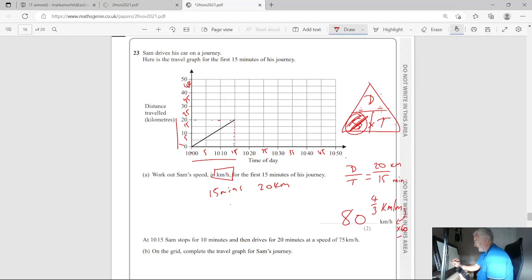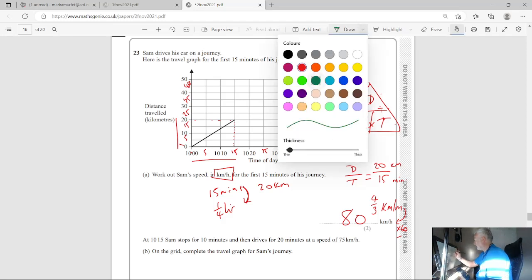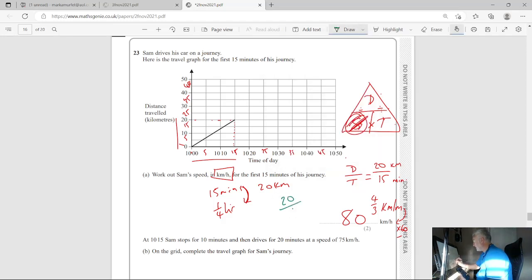If you wanted to simplify this, 15 minutes is 1/4 of an hour. I could do 20 kilometers divided by 1/4. So on my calculator, fraction key, 20 divided by fraction, and the denominator is 1/4, and that gives you the same thing.